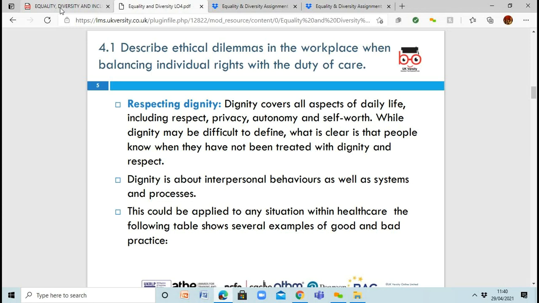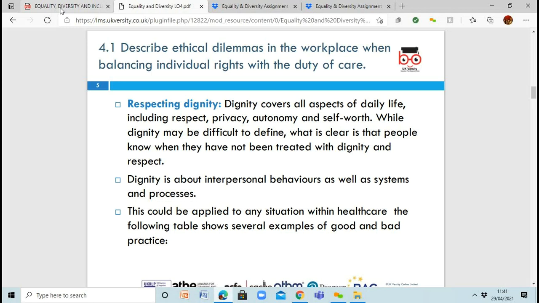Dignity is about your interpersonal behaviors, your systems, your processes, and how you go about your day-to-day life. I'm pretty sure there are some people that you prefer more than others. When they come to see you, they speak to you with respect, they give you dignity, they give you privacy. Then there are other people that might get right up in your face, they might not listen to you, they might not respect your choices. So you know when you've been dealt with in a good way and not in a good way.